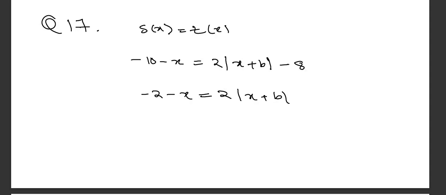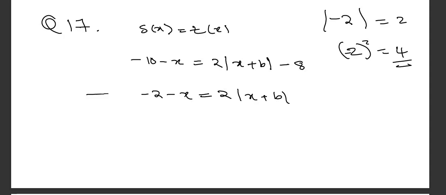Okay, so from here, the way we get rid of the modulus is by squaring both sides, because what the modulus does, the square does, the only difference is that the square expands it. For example, modulus of negative 2 gives you 2. If you square negative 2, it does the same thing, except it makes it larger. But it makes it positive. If you are trying to get rid of the modulus expression, what you do on the left-hand side, you also do on the right-hand side.